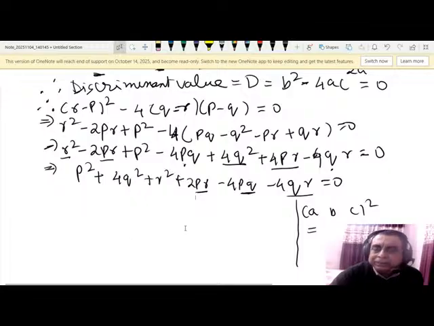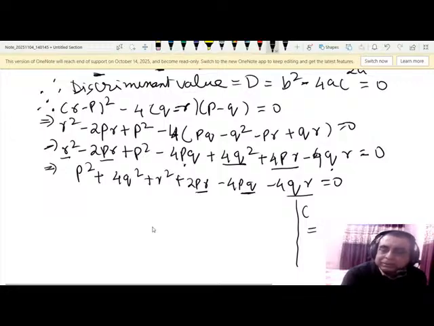Now please pay attention. Here p and r are of the same sign. So p squared, square root is p, and r squared, square root is r.